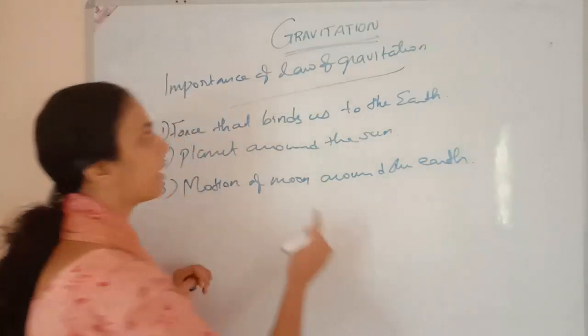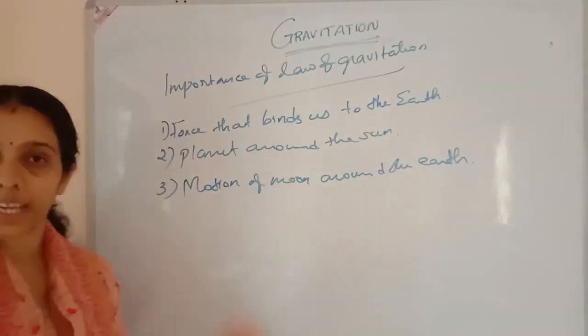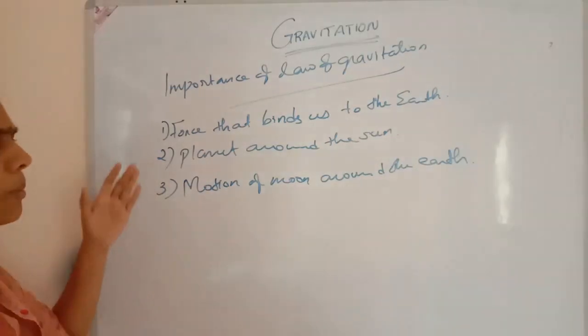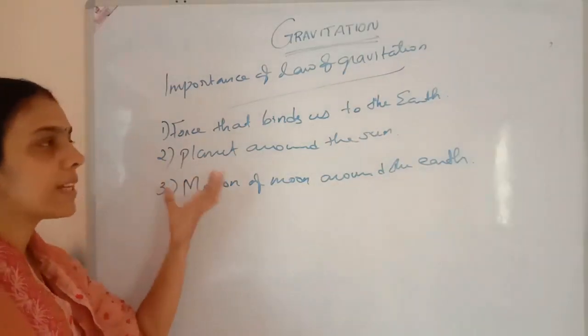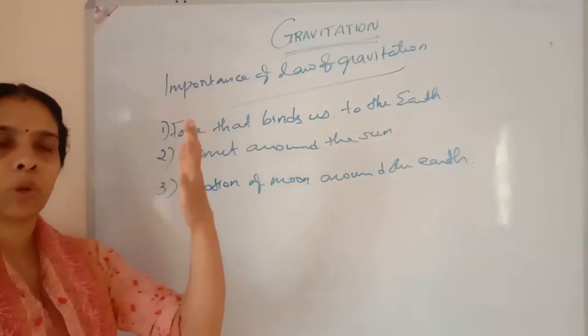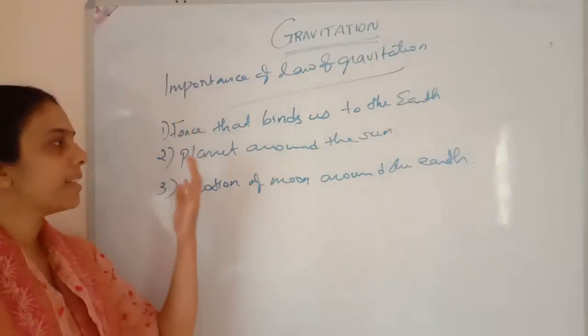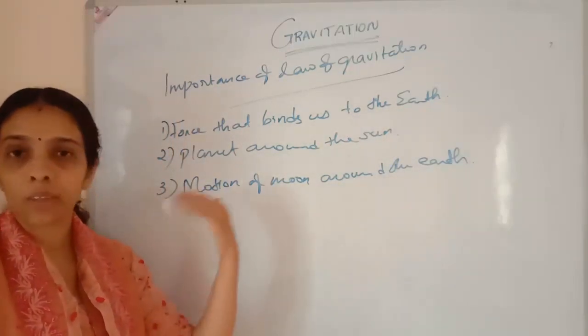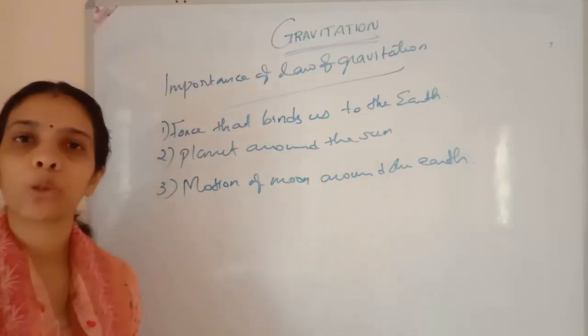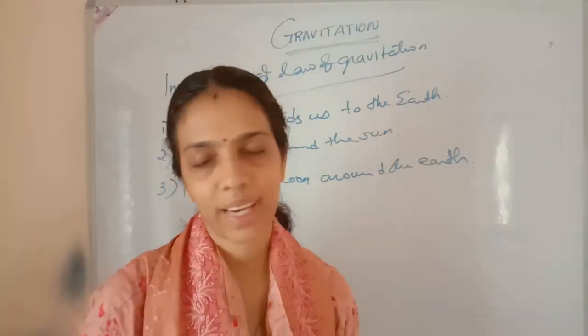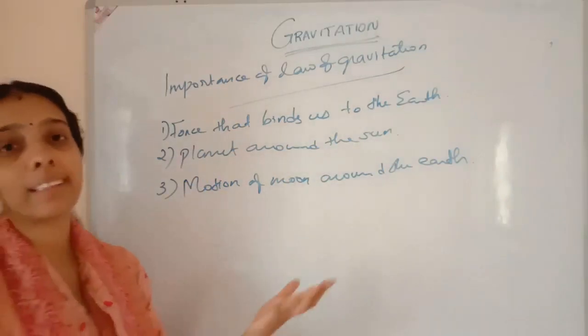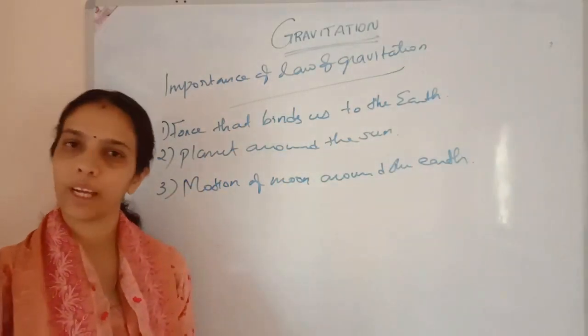These are the importance of the law of gravitation. This can be asked as a 1 mark or 2 mark question. The force that binds us to the earth, the motion of the moon around the earth, and the planets revolving are all due to this universal law of gravitation. We can explain that with its help.